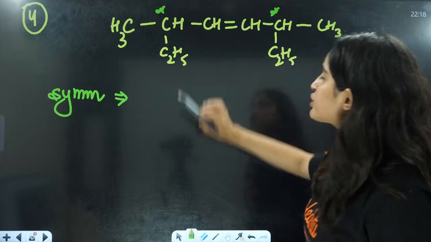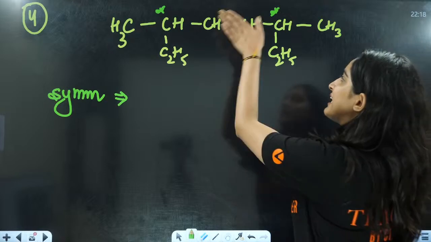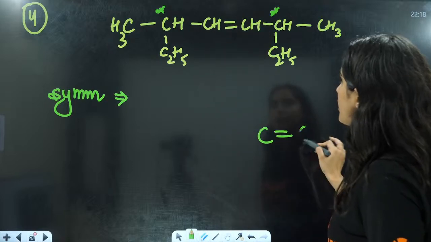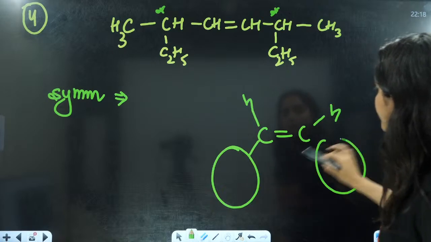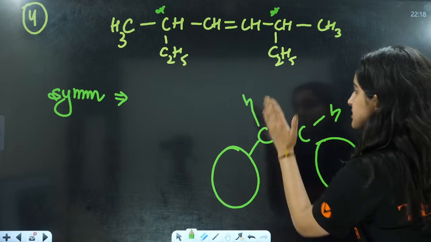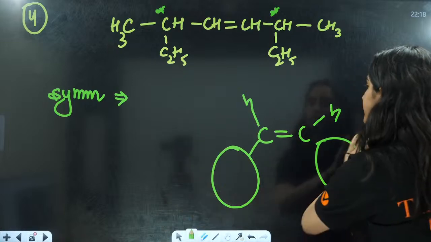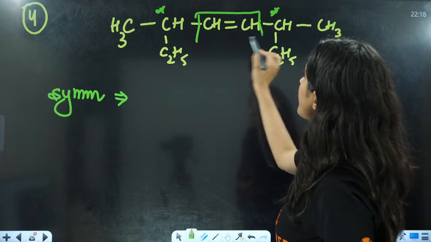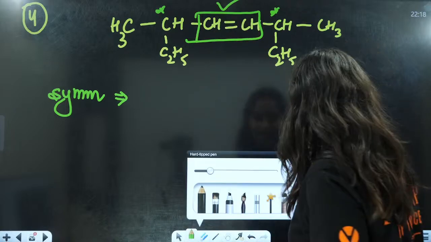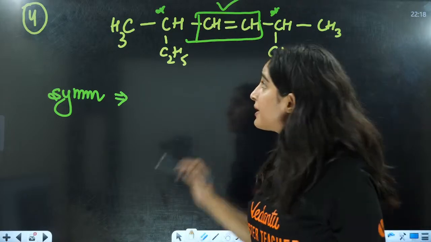Is this double bond showing geometrical isomer? Definitely, because this double bond carbon has one hydrogen and one different group. It means you have different groups on the same side. It will show geometrical isomer. Here you will write this is going to show geometrical isomer, and here you are going to write symmetrical.